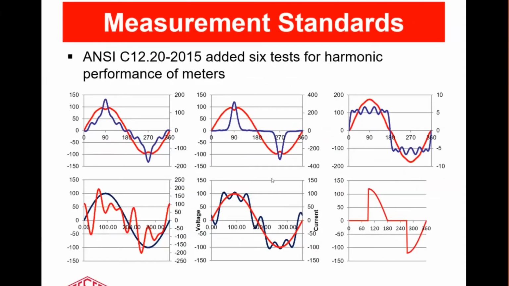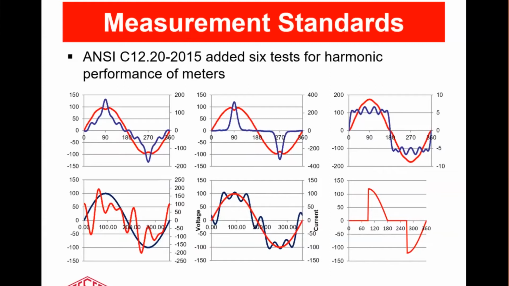So someone was asking earlier about the waveforms that we're looking at in most of these slides. These come from ANSI C12.20, 2015, where 6 tests for harmonic performance for meters were added. These waveforms are what we call pathological examples.